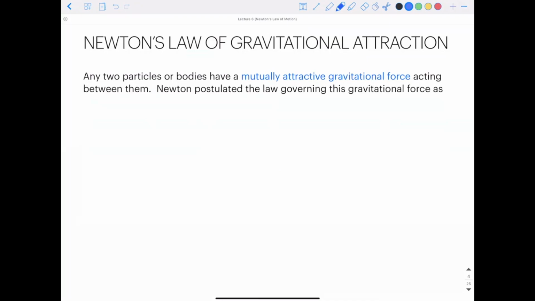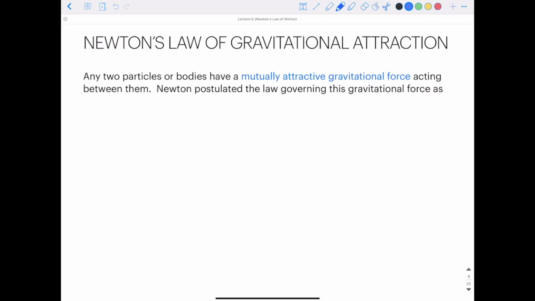So one more law we'll go through is Newton's law of gravitational attraction. Any two particles or bodies have a mutually attractive gravitational force acting between them.